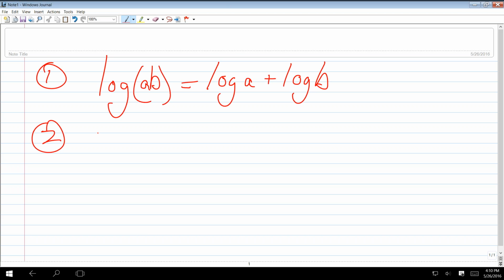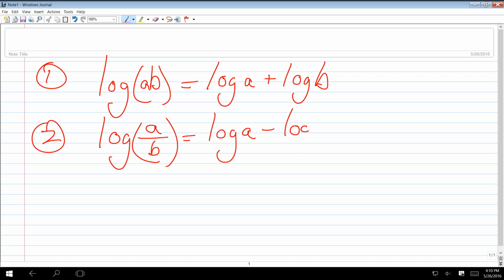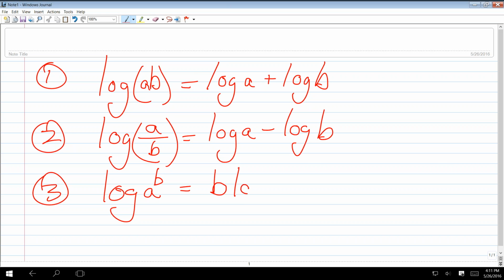Number two, the log of a divided by b is equal to the log of a minus the log of b. And finally, the third really important one is the log of a to the b power equals b times the log of a. And this might be the most important one of all.